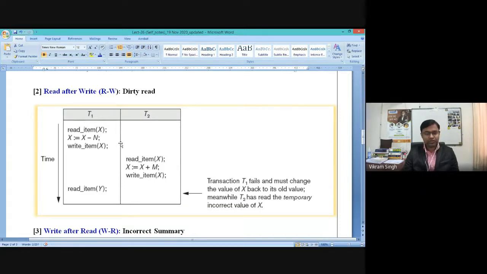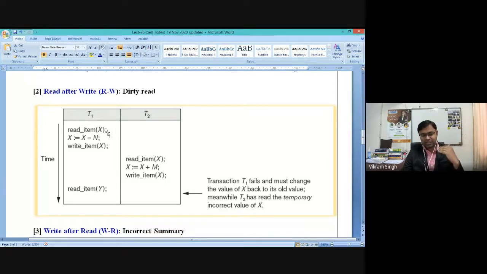It may also lead to the scenario called read after write, right? In this arrangement, if because of some reason transaction T1 fails... Transaction T1 has simply read the data item X, performed the change X equals X minus N, then performed write.